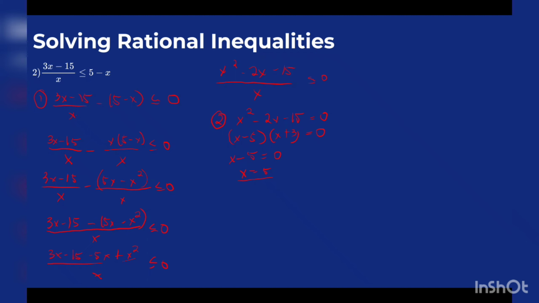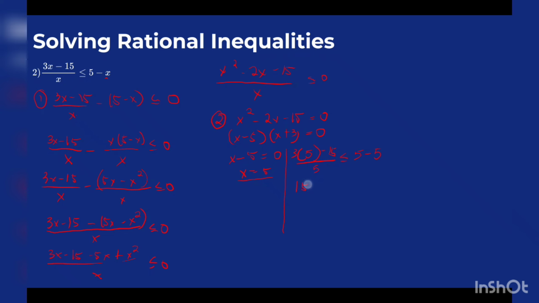Then we'll test it using the original rational inequality. So that is 3 times 5 minus 15 divided by 5 is less than or equal to 5 minus 5.